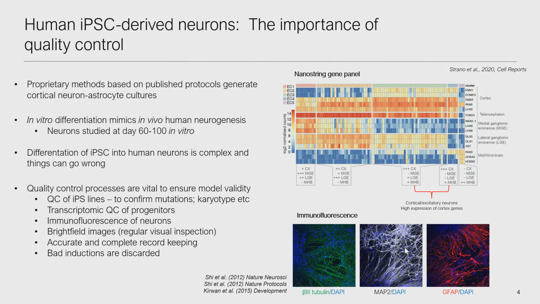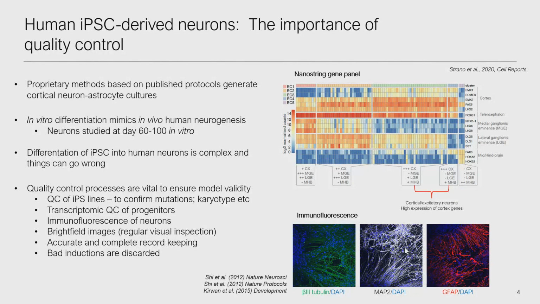An important part of our in-house QC is the transcriptomic QC of progenitors. So on the top right-hand side of the slide, you can see a heat map from a NanoString gene panel. And this is published, but we use this to really sense check our progenitors at around about day 30 to check that they're expressing the genes that we would expect of cortical progenitors.